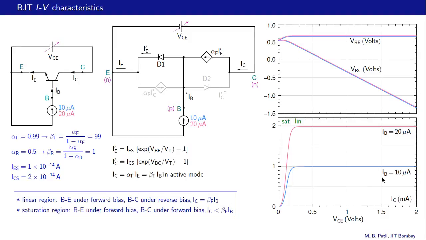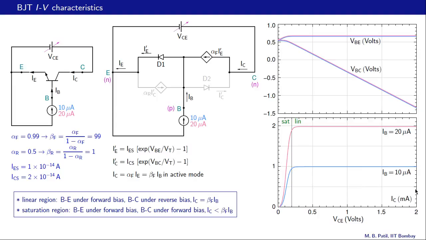For example, if IB is made 5 microamps instead of 10, IC is going to be 0.5 milliamp, because we are changing IB by a factor of 2. IC will also change by a factor of 2 because of this proportionality here.